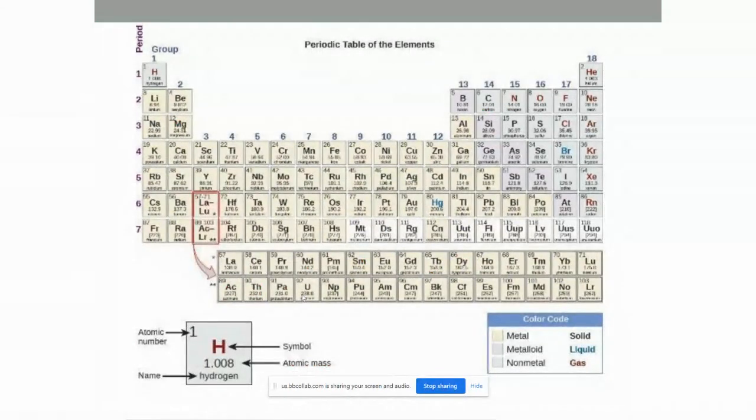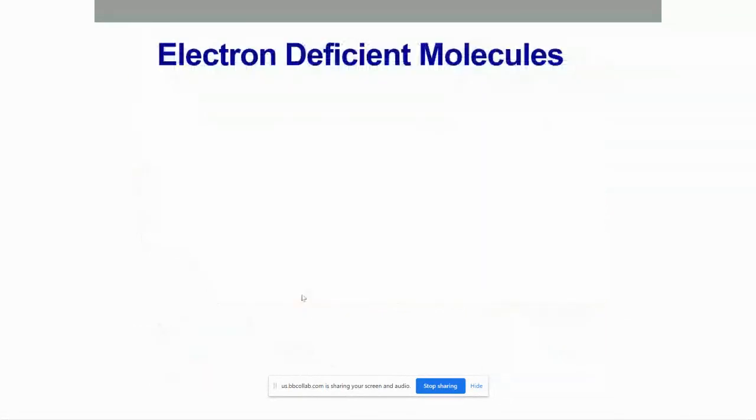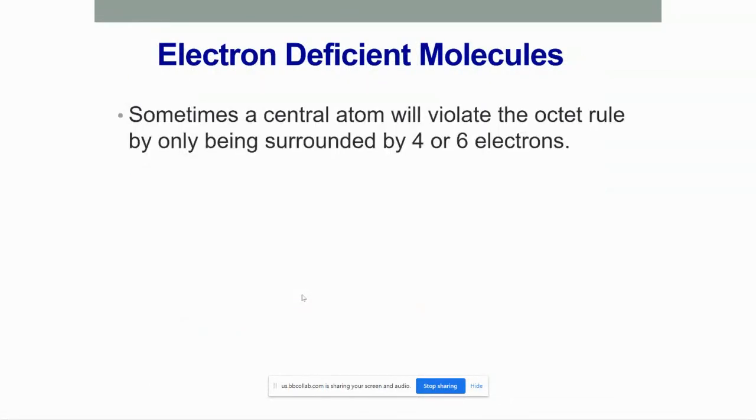All right, so let's start with the electron deficient molecules. I have this periodic table because I might have to go back to show you what group I'm talking about. Whenever these electron deficient molecules violate the octet rule, they are only surrounded by either 4 or 6 electrons.